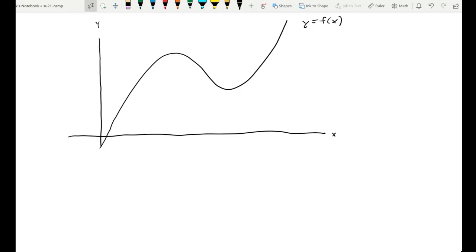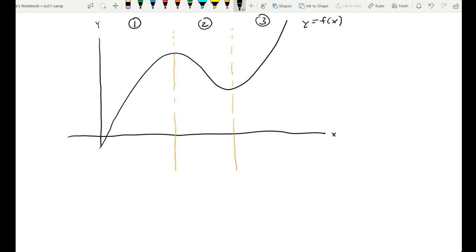Okay, so I'll cut it up along these kind of sections. All right. So in the first interval, let's call that the first interval here, second interval, third.